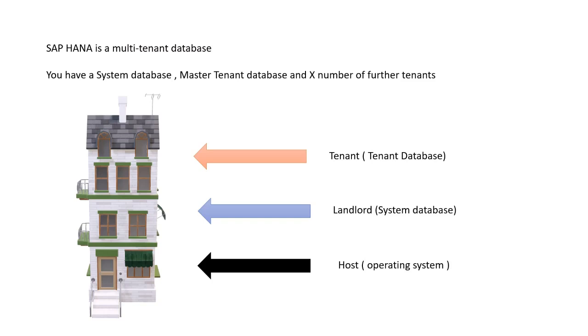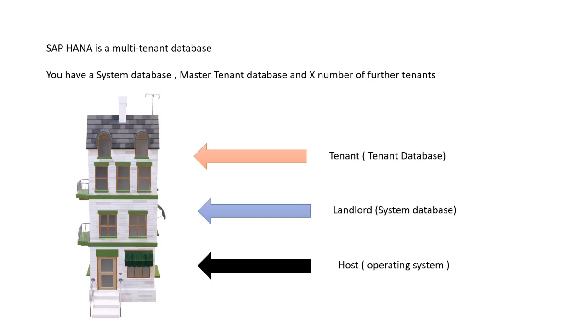The system database is the master database, like it has complete control over all other databases, and it governs them. And then we have one master tenant database which gets created by default after you install HANA 2.0. And then further you can add as many tenants as you want.